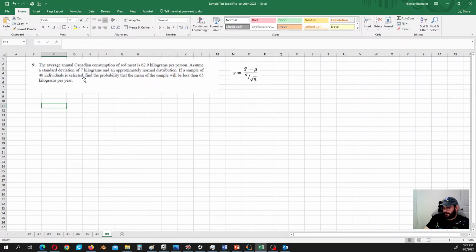Okay, we need to be careful here since we are estimating the mean. That means we are applying the central limit theorem, and in order to calculate the z-score we need to use this formula right here. So let's calculate the z-score.